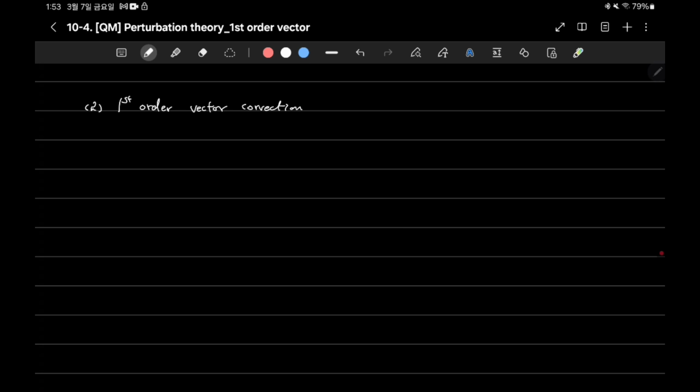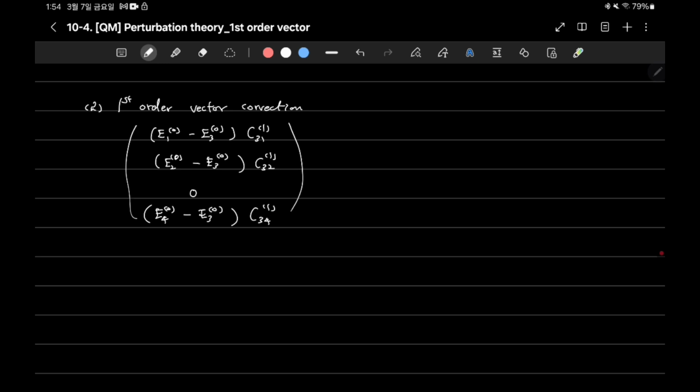In the previous lecture, we obtained the relationship from the Hamiltonian equation, for example for the n equal 3 state: (E10 minus E30) C31 first, where C31 is a vector component, plus (E20 minus E30) C32 first, and the third one is 0, because E30 minus E30 is 0, plus (E40 minus E30) C34 first, and so on. These are the vector components, and this equals the Hamiltonian components: minus H13 prime, minus H23 prime.